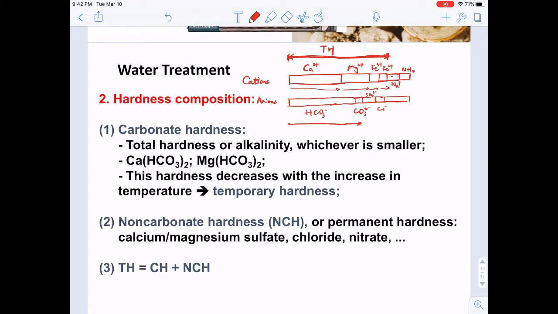Well, on the anion side, this length will represent the carbonate hardness. So basically, these carbonate species are going to contribute to the hardness. There's a certain fraction of the anions that's contributing to the hardness, right? And for the remaining compositions, they're called non-carbonate hardness.